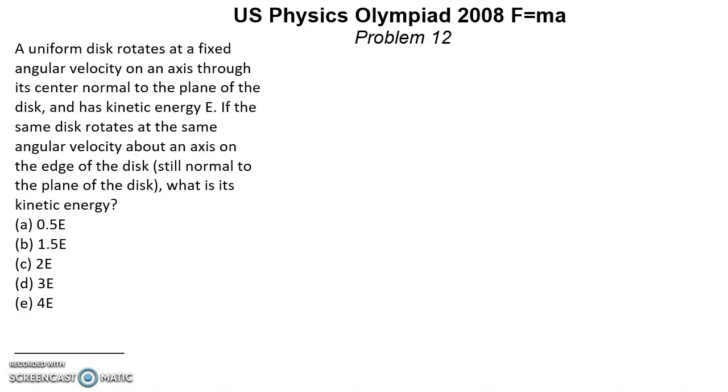So first here let's draw the picture. If our disk rotates around the center, point O, we have a moment of inertia of this disk equal to I0, which is 1/2 mr square. This is the formula for a uniform disk.